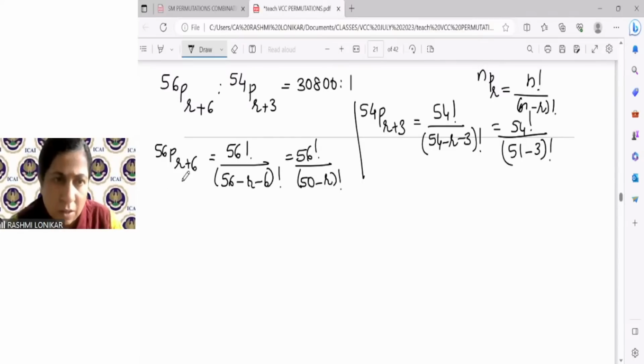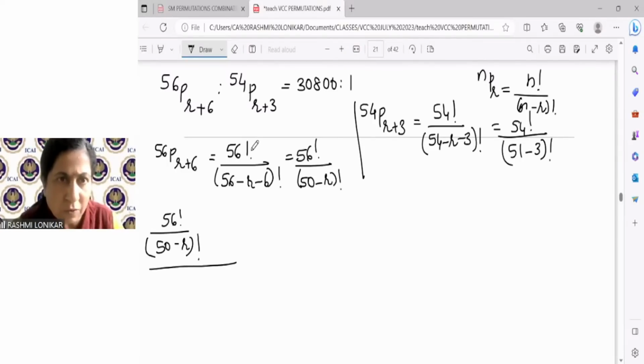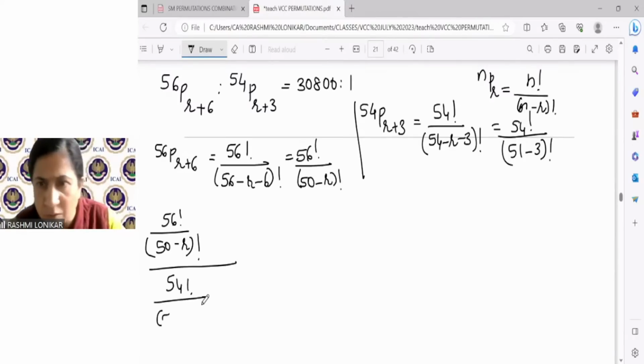Now, what I do is this, I will write: this is equal to 56 factorial upon (50 minus r) factorial, upon 54 factorial upon (51 minus r) factorial. 54 minus 3 is 51, so 51 minus r.